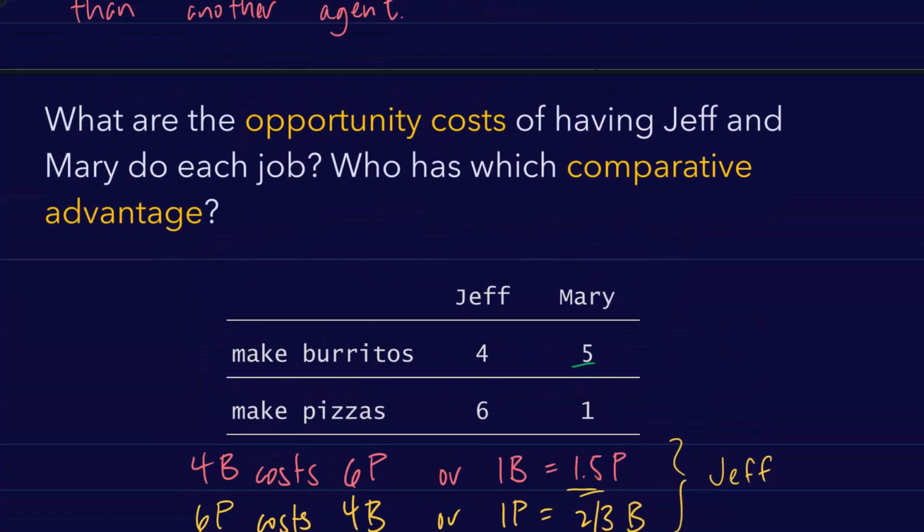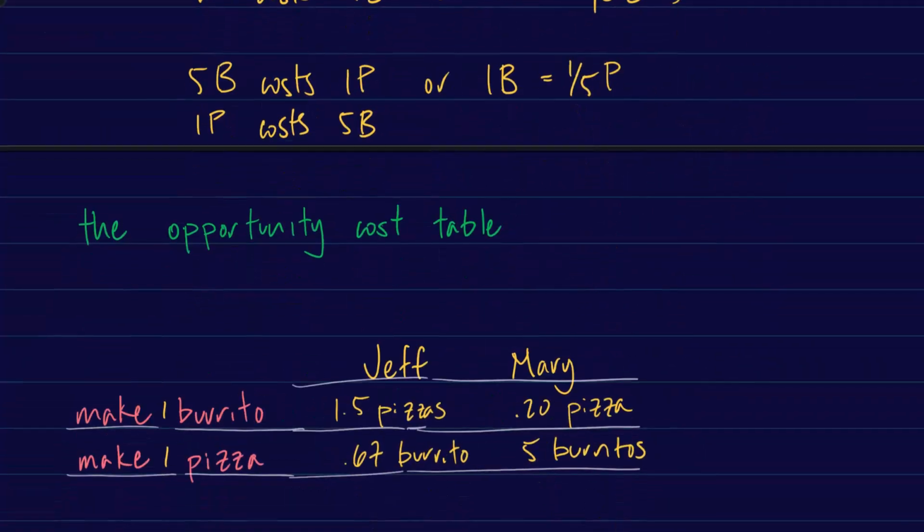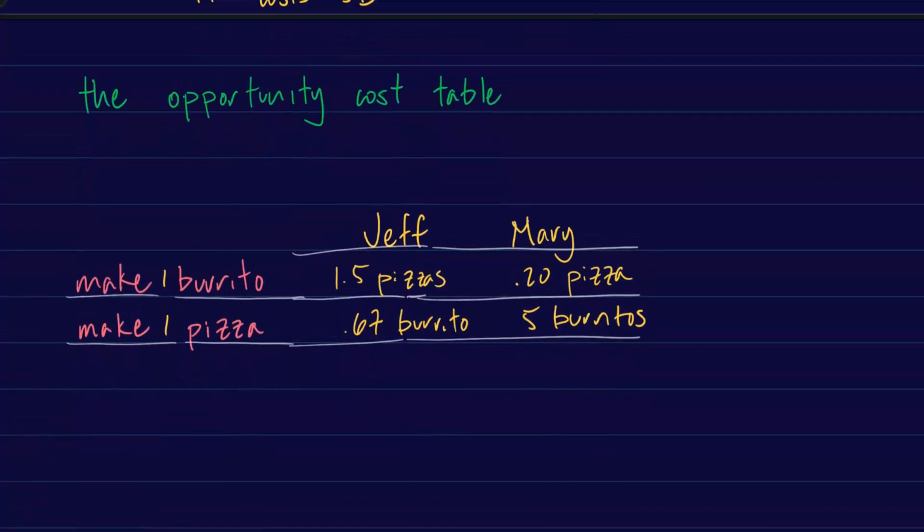Okay, now recall the definition for comparative advantage. An economic agent has a comparative advantage when it can produce a good at a lower opportunity cost than another economic agent. So we want to see for each of these jobs, each of these things they might do. Here we're just talking about making one burrito or making one pizza.